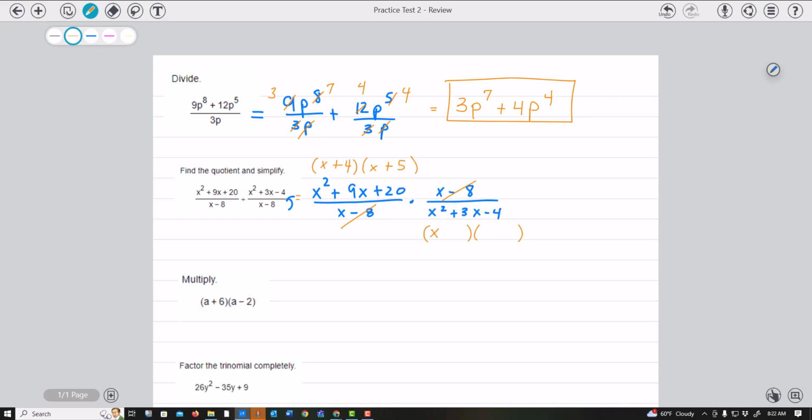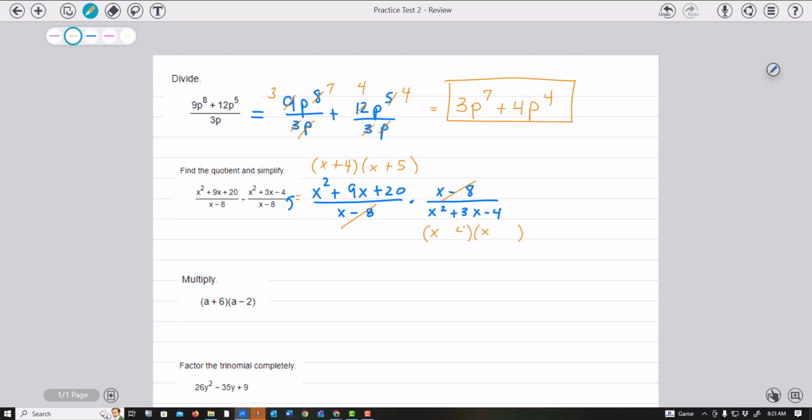Here I know x squared is x times x. So now I just have to figure out how to factor this last term. Should it be 4 times 1 or 2 times 2? I am going to guess that it's going to be 4 and 1 because, as I mentioned, most of the time you're going to have something that cancels a factor.